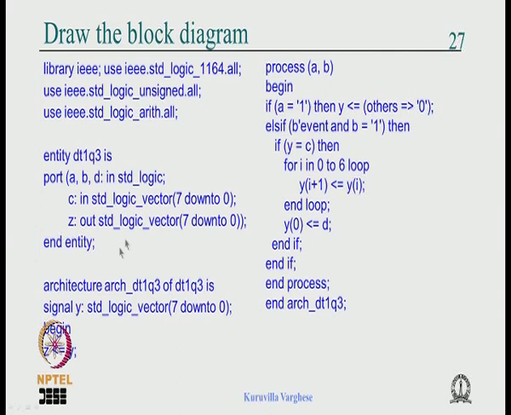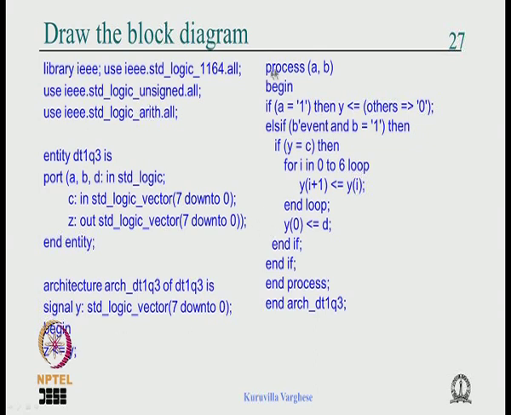Naturally one can assume it is related to Z, and in the begin, Z gets Y. We are circumventing the trouble that an output signal cannot come on the right hand side. So the moment Y comes, it is nothing but Z.